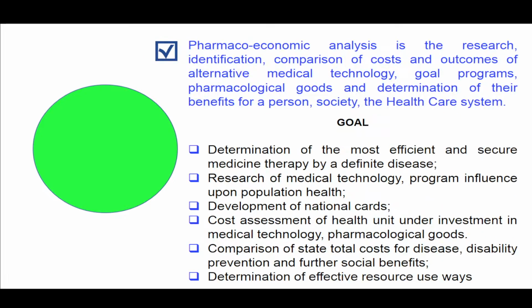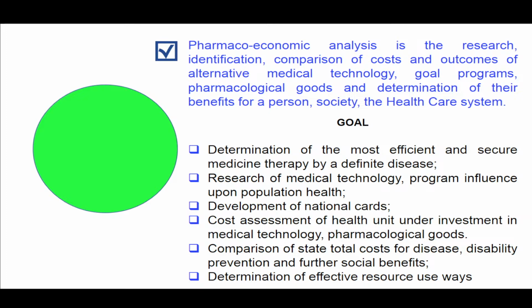We have another type of analysis, the pharmacoeconomic analysis. According to these types of analysis, we have some goals. The first one is the determination of the most efficient and secure medicine therapy for a definite disease.